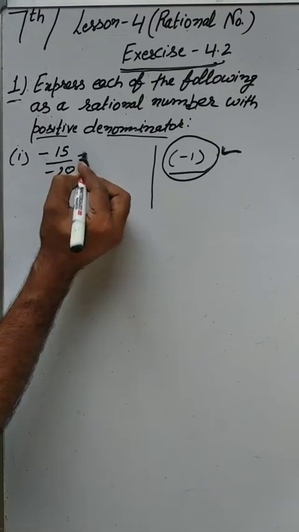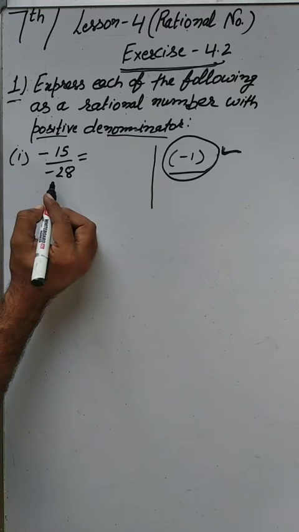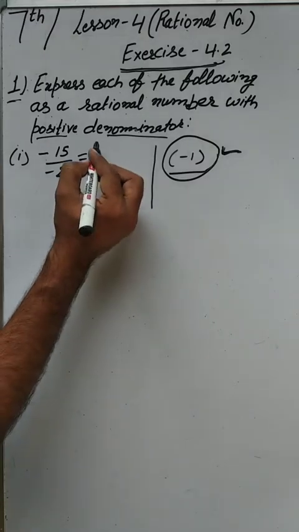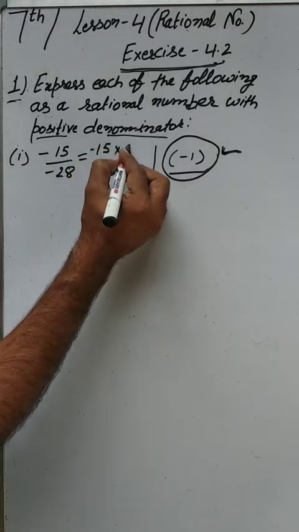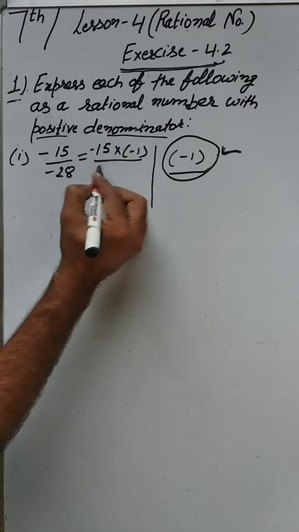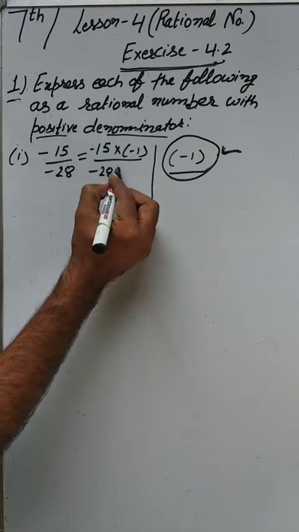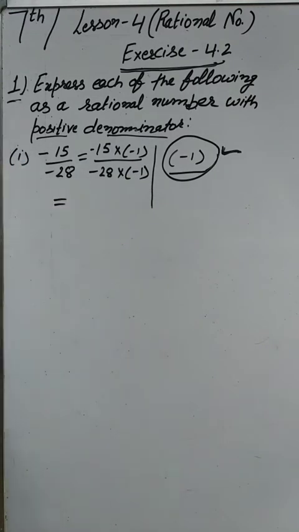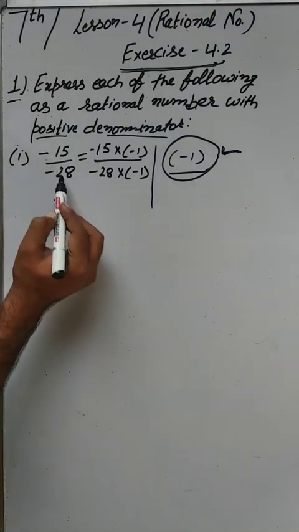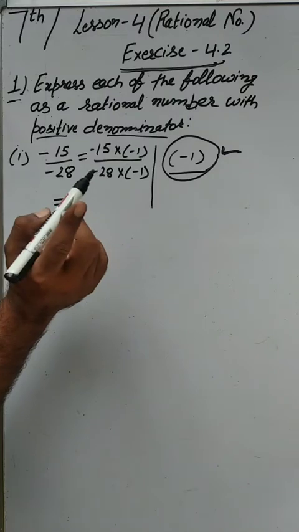Now look here. The denominator is minus 28. I want to change it into plus 28. So simply multiply numerator and denominator both with minus 1. You have studied in the lesson on fractions that we have to multiply numerator and denominator with the same number.